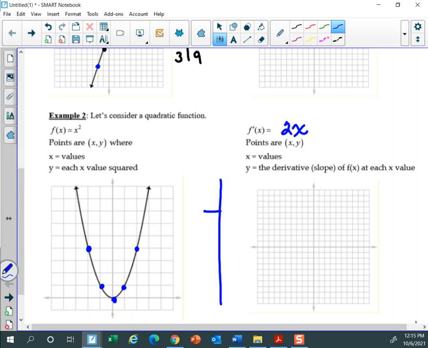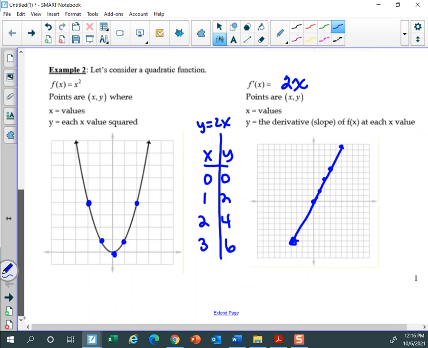If I were making a table for that, for y equals 2x: 0, 0, 1, 2, 2, 4, 3, 6. I would have this. This is a picture of the slopes of x squared.